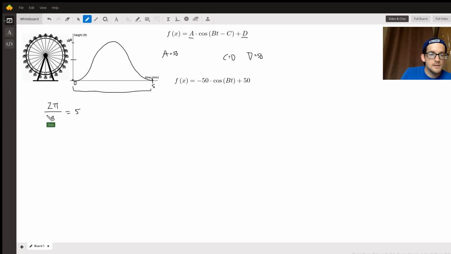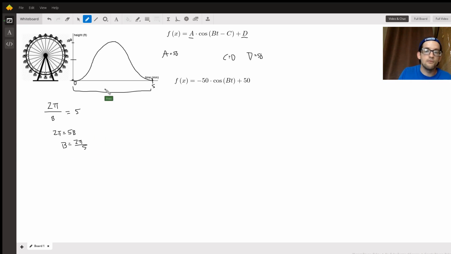To solve this, if you multiply b on both sides to get it out of the denominator, you'll get 2 pi equals 5b. Divide by 5 on both sides, and you find that b would be 2 pi over 5. That is not the period.